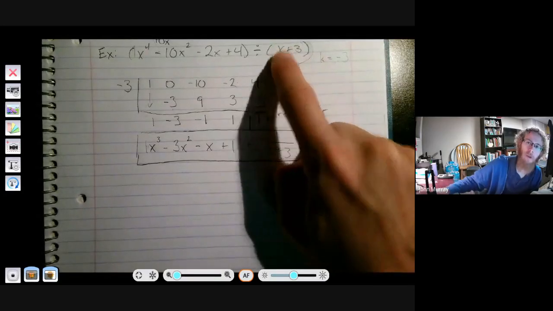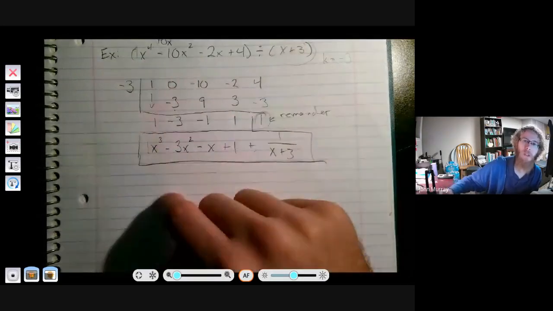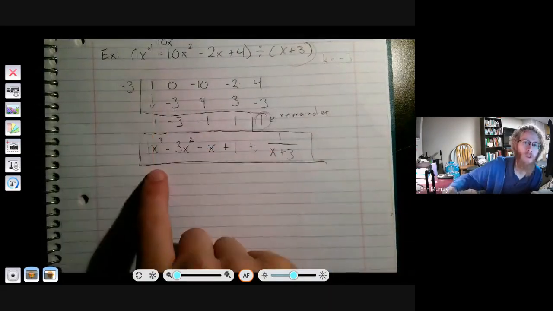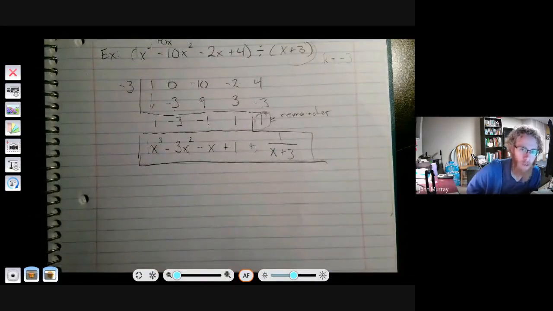If that was an x squared, we'd bring it 2 down, but we couldn't do synthetic division that way. So as long as you're using synthetic division, you're always just going to drop the degree by 1. Okay, thank you. You're welcome.